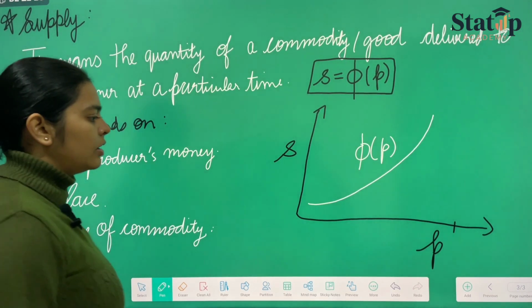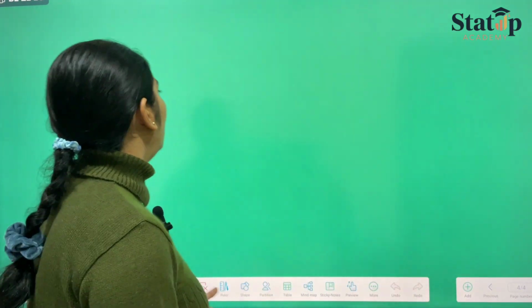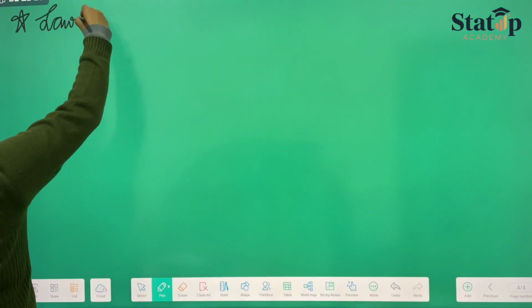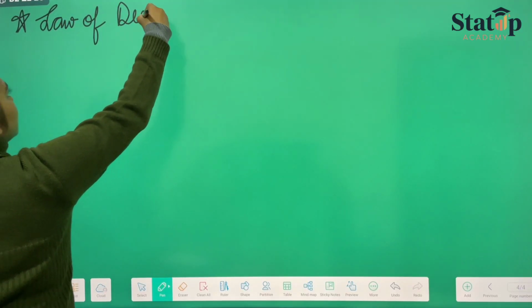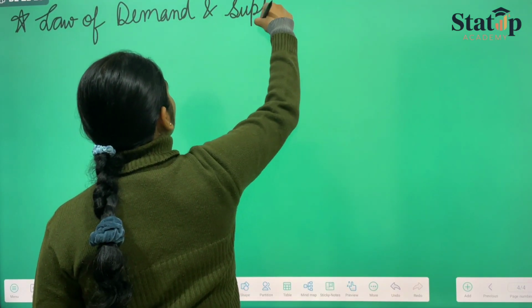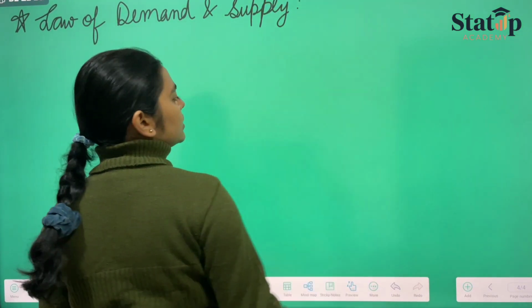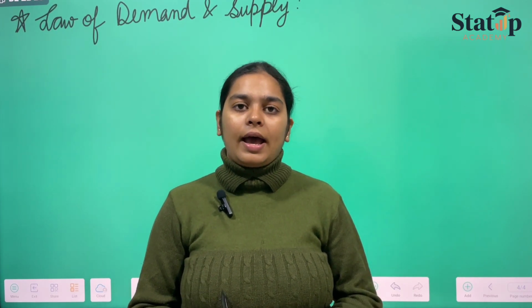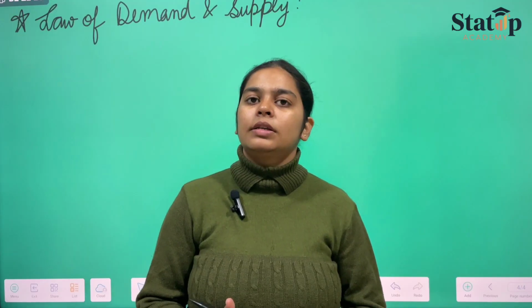Okay. Now moving forward to a law which is known as the law of demand and supply. This law states that as the price of a commodity or good increases, its supply increases, and simultaneously its demand decreases.